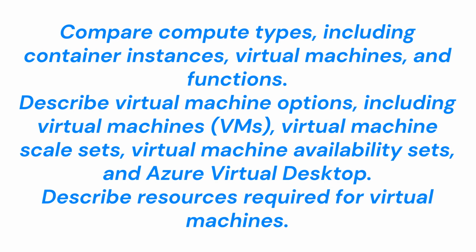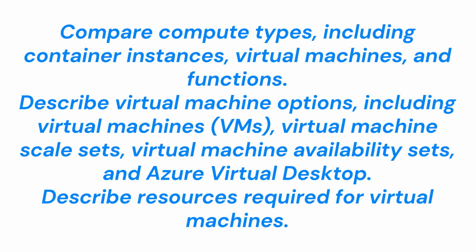Learning objectives. After completing this module, you'll be able to compare compute types, including container instances, virtual machines, and functions. Describe virtual machine options, including virtual machines, VMs, virtual machine scale sets, virtual machine availability sets, and Azure Virtual Desktop.